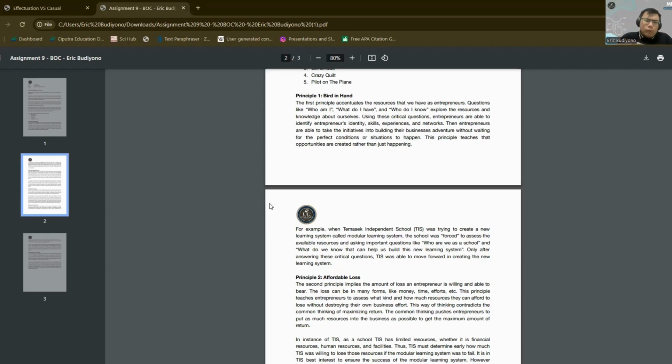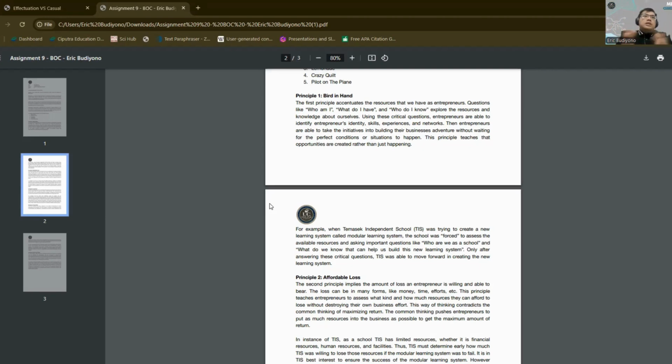Okay. So I hope that looking at the future, because Bird in Hand is basically we want to create the opportunity itself in the future. We hope that there are other opportunities that we can create by having this modular learning system. For example, we can have a special pathway for students who want to go to a different career path.